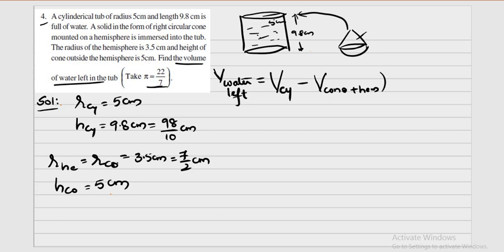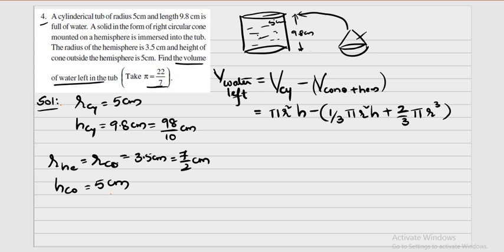So volume of cylinder minus volume of cone and hemisphere gives me the amount of water that is left inside the tub, right? Volume of cylinder is pi r square h, minus, volume of cone is 1/3 pi r square h, plus volume of hemisphere is 2/3 pi r cube. So these are the formulas we need, right?